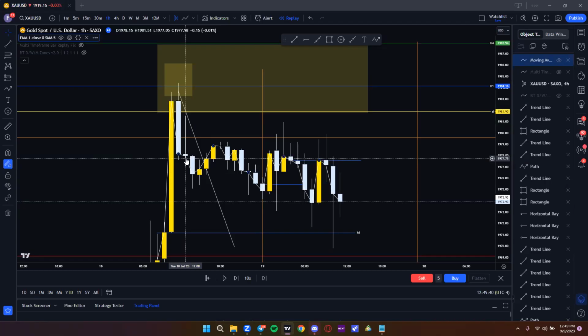So you'll be paying yourself through partials instead of trying to look for entries every single day to make money in your pocket. Instead, you're managing your swing positions, adding to your swing positions, and obviously being a swing trader, you would not just set and forget. You would have to monitor every day.